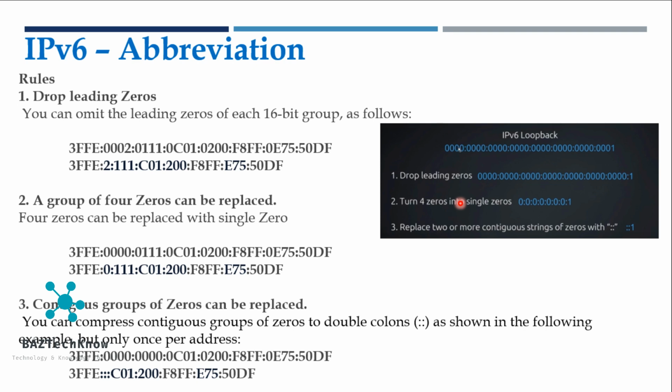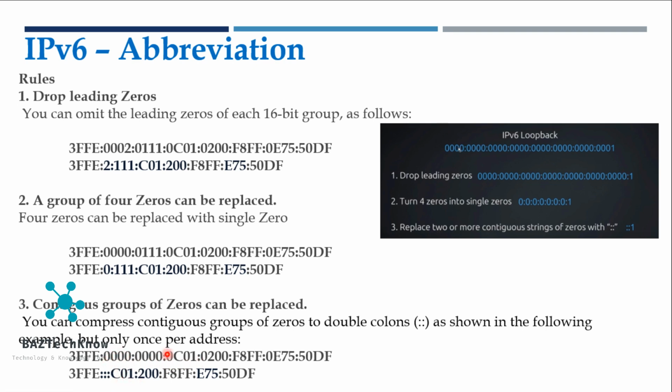Now, why is it not possible to use it twice? It's a good trick to remove zeros, but if we used the double colon two times, then the other person who is decoding, or the router that is decoding, will be confused about where to put the zeros. For example, here I can see 3FFE:FFFF:0000:0000:0000:0CD:0001.